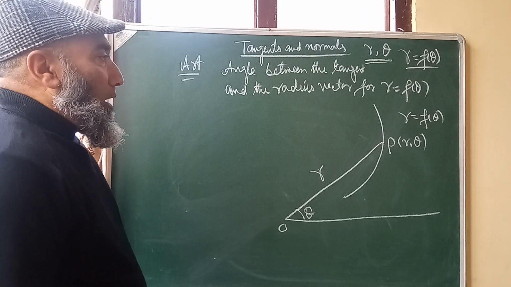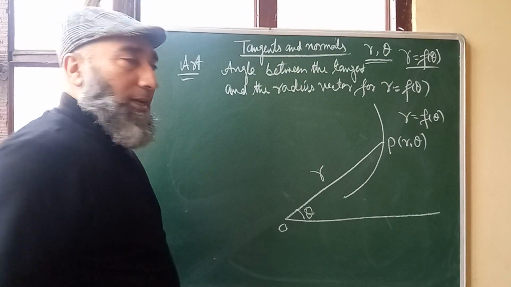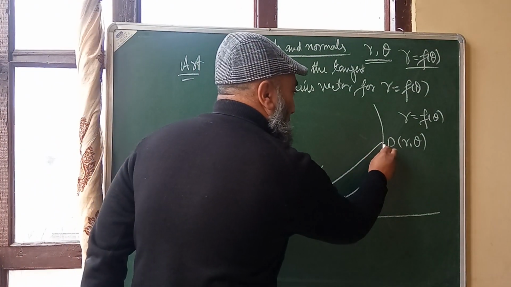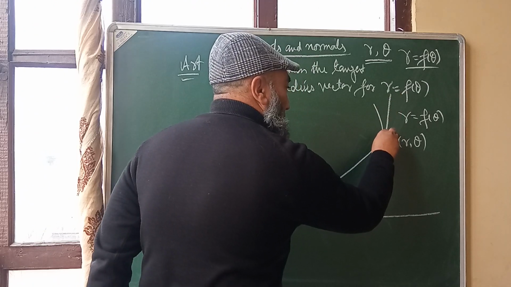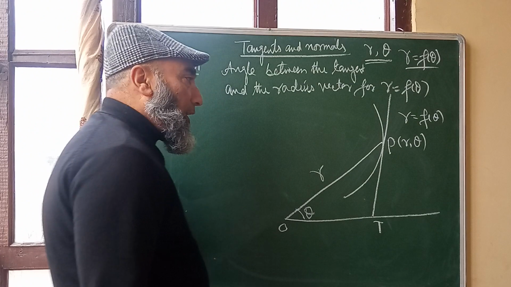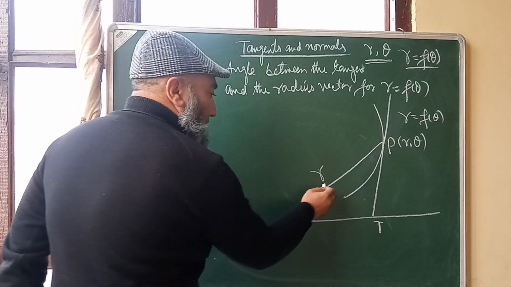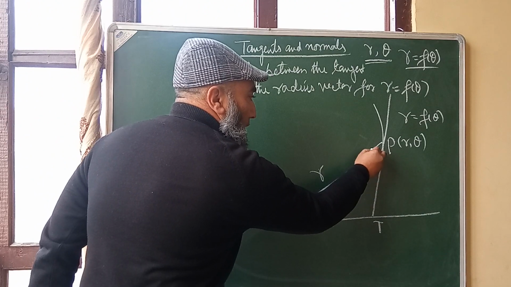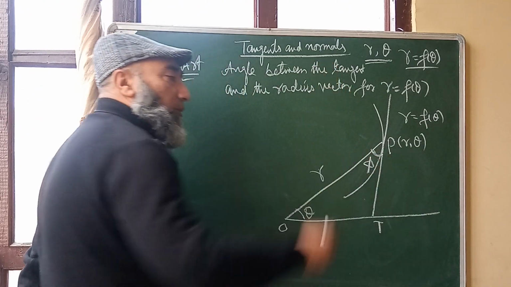Now, what I am supposed to find is the angle between the tangent and the radius vector. I have to draw a tangent over here, PT. I have to find the angle between the tangent and the radius vector, this angle, denoted by phi.